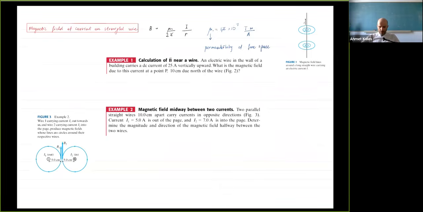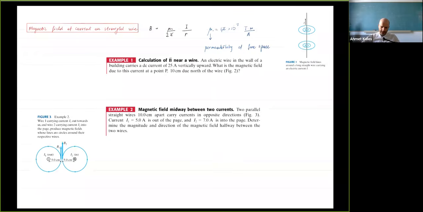So I told you, if there is a current, like in a straight wire or a loop, there is supposed to be a magnetic field emanating from this current. And I'm not sure if we derived this, but something like this we derived.